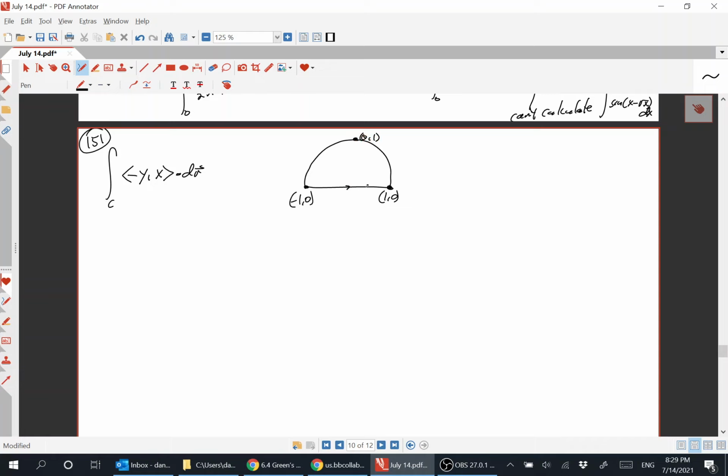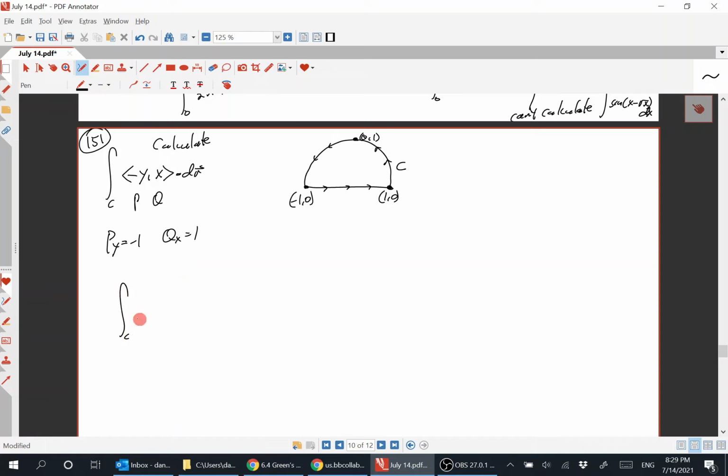All this in the counterclockwise direction. Right, so this is P and this is Q. So Py is -1 and Qx is 1. So you see that that's not conservative.